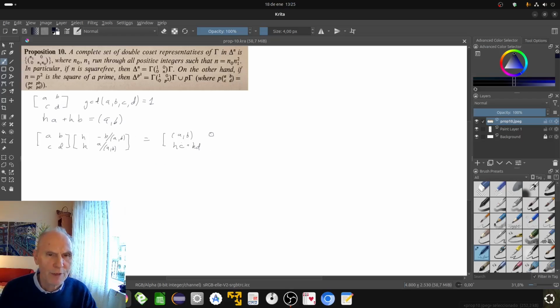And then, since this is naught, let's call the determinant n. This must be the determinant divided by the common divisor. When we do it, we get AD minus BC, that's the determinant, divided by the common divisor. So that was step 1.